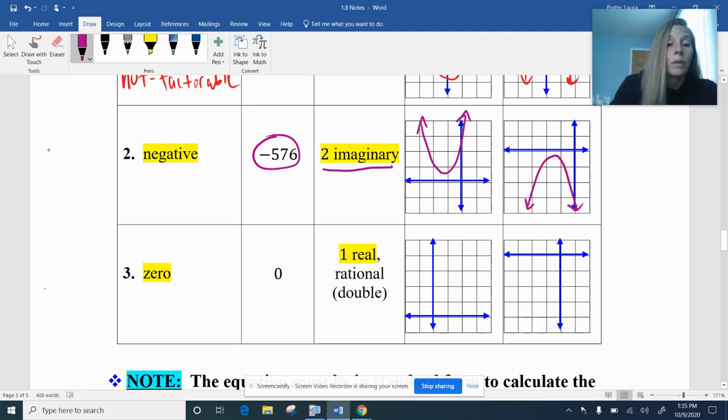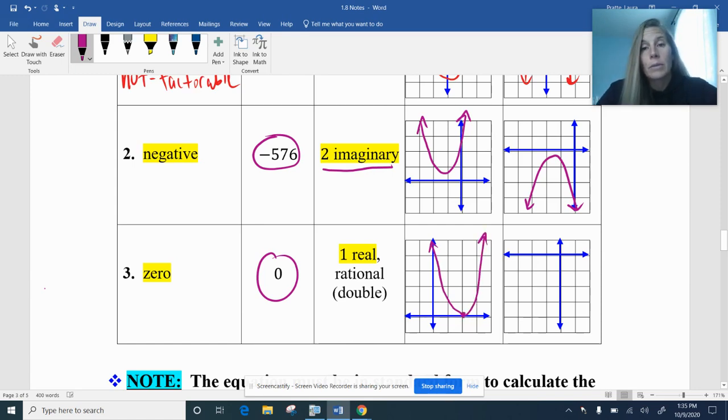Finally, you could get a 0 inside the square root, so your discriminant would be 0, and this would mean that there's one real, rational answer, and it's considered a double when you factor. As far as the graph is concerned, your parabola is going to come down, hit the x-axis in that one location, and then bounce back up.